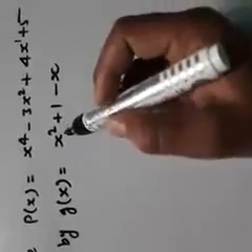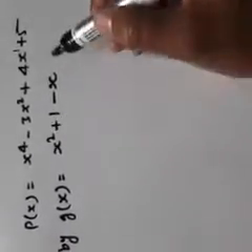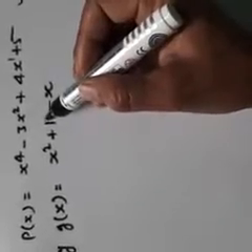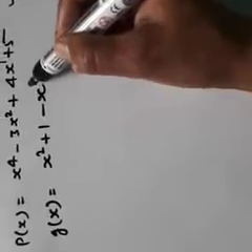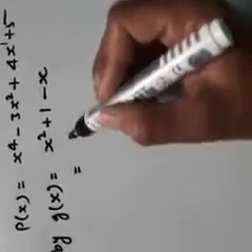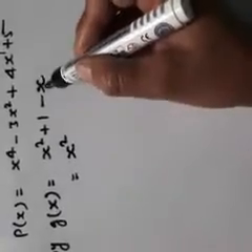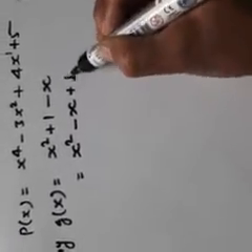And the next polynomial g(x) equals x square, the power of the variable is 2, then 1, here there is no x, so the degree of x is 0 here and the degree of x is 1 here, so it is not in descending order. So first of all we can write it as x square, then minus x, and this plus 1 in the last.